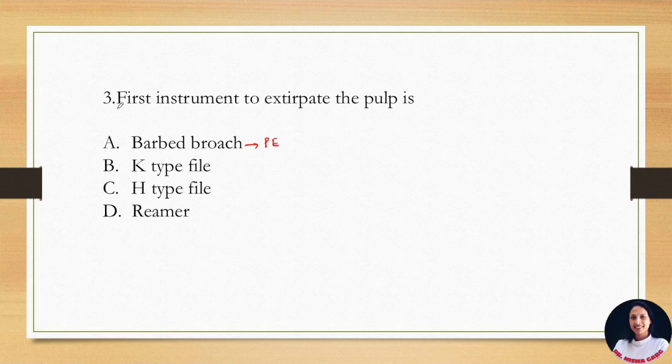It means the first instrument which is introduced in the canal to extirpate the pulp. It is always the K-type file which is first introduced into the canal. This file is used to attain the glide path, and it can also be used to remove the dental pulp. So as per the choices, option B is the correct answer.